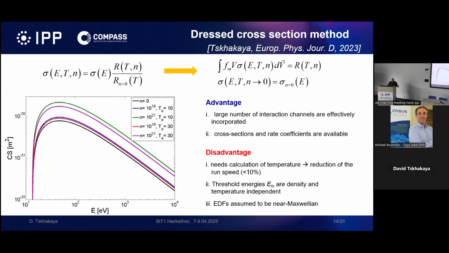The general model is not necessary for BIT1, but the general model exists. You just take another rate coefficient for that model.